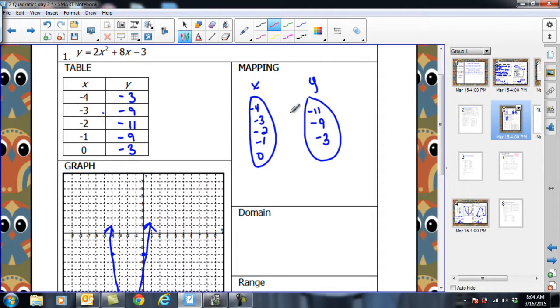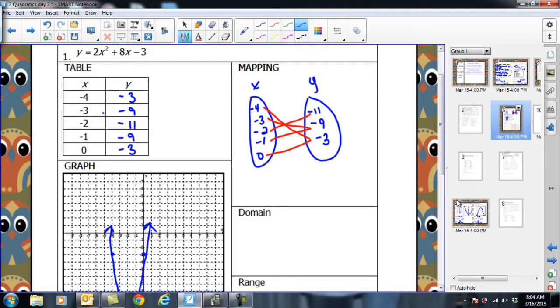And I can see in my table -4 goes with -3, -3 goes with -9, -2 goes with -11, -1 goes with -9, and 0 goes with -3. So I have a map that shows which x values line up with which y values, and that's all a mapping is. You put your domain in the first oval, you put your range in the second oval, and then you just map them. Draw lines showing which ones go with which. It's like a matchy-matchy game.